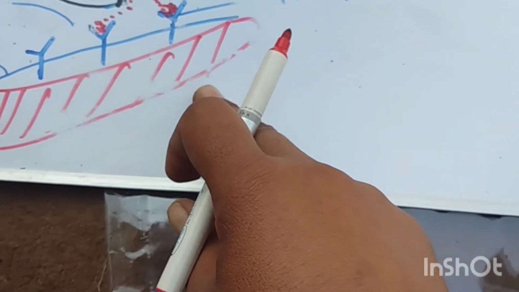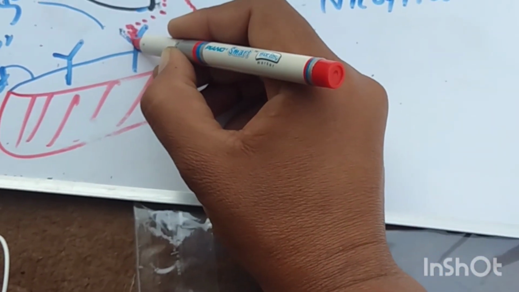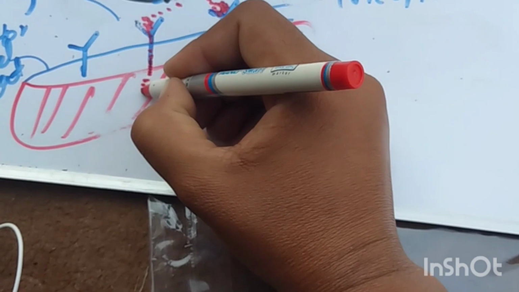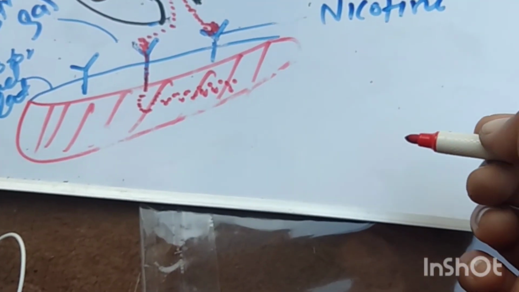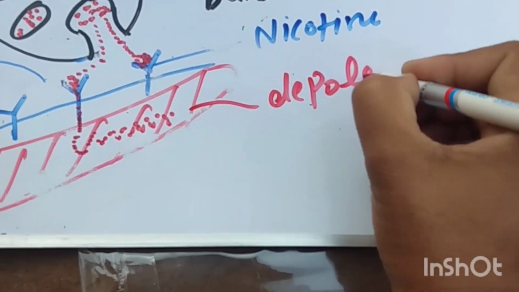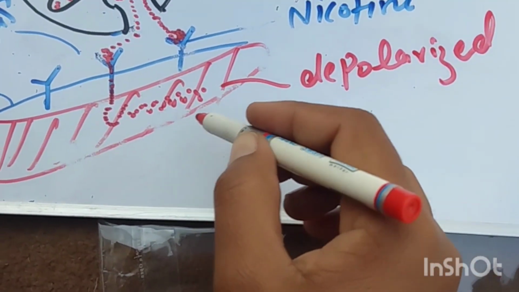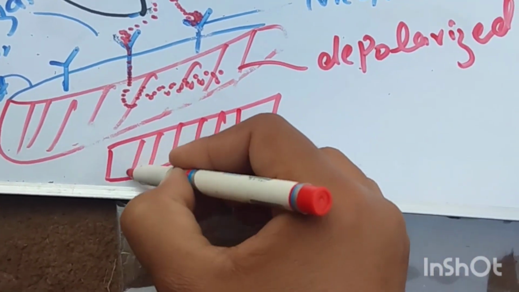Nicotine receptors attach to the muscles, and the nicotine receptors transfer the acetylcholine into the muscles. And our muscles depolarize. Our muscles now become depolarized, and the muscles contract.